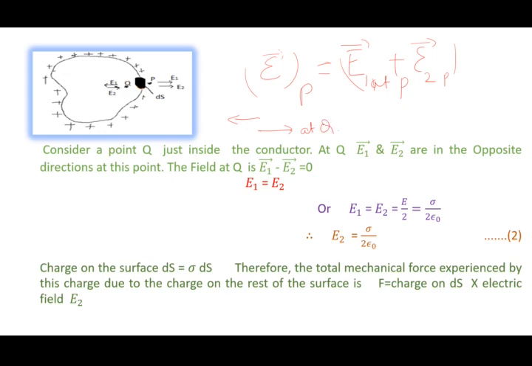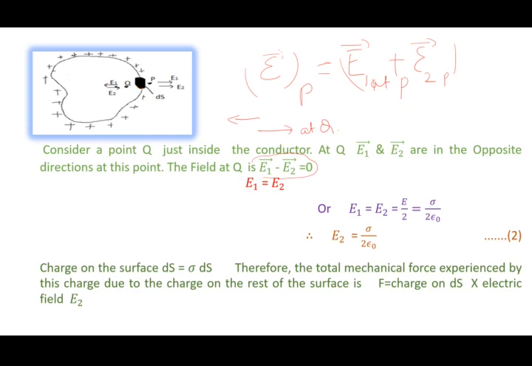Now the field at Q is E1 minus E2, and what should it be? Since Q lies inside the conductor, that should be 0. Therefore, net electric field at Q is 0. Therefore, E1 is equal to E2, but they are in opposite direction.